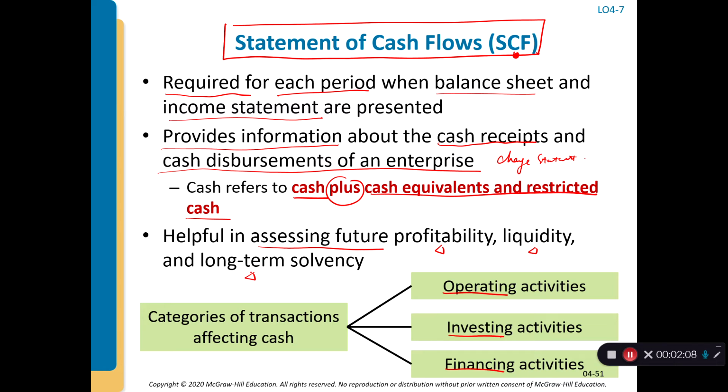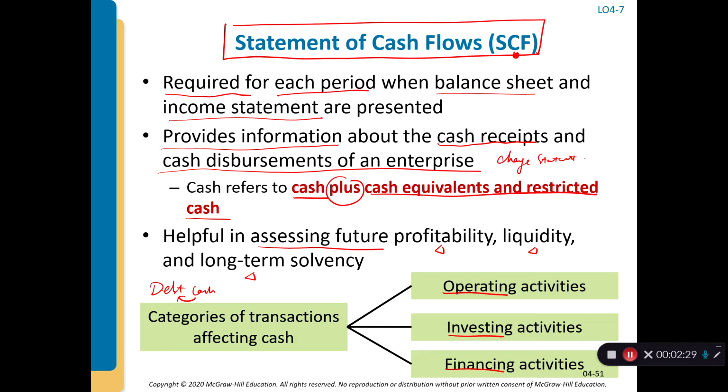Because in the end, when we combine this information, it is really helpful in assessing whether a company can pay its debt, because debt is paid by cash, right? In the end, no matter what kind of information you're talking about.